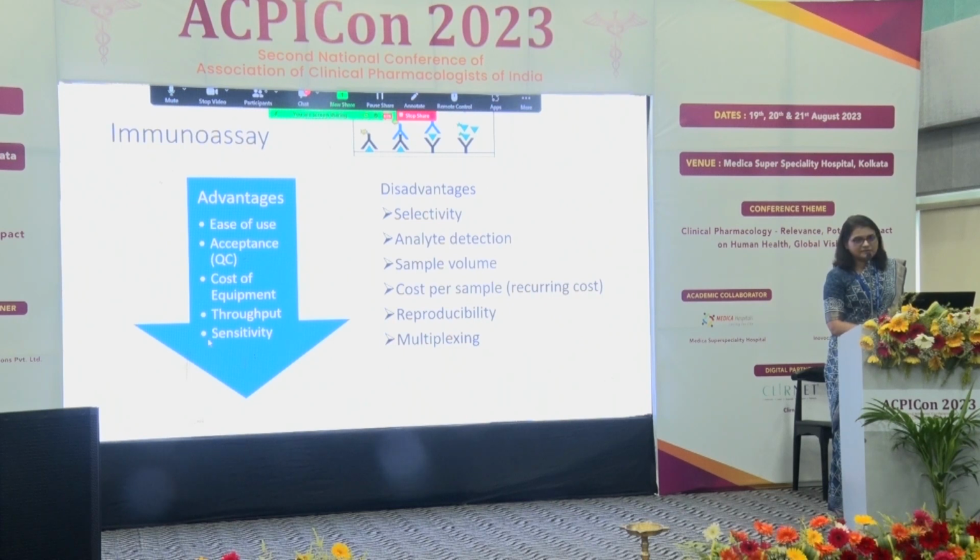And then the sensitivity. Sensitivity means how low you can detect the compound or the drug or whatever your analyte of interest is. Typically the autoanalyzers are up to the tune of 2 nanograms. So we don't consider them very sensitive equipment, because we have the LCMS-MS, which is the gold standard. Now the disadvantage of this immunoassay is it has a problem of selectivity.